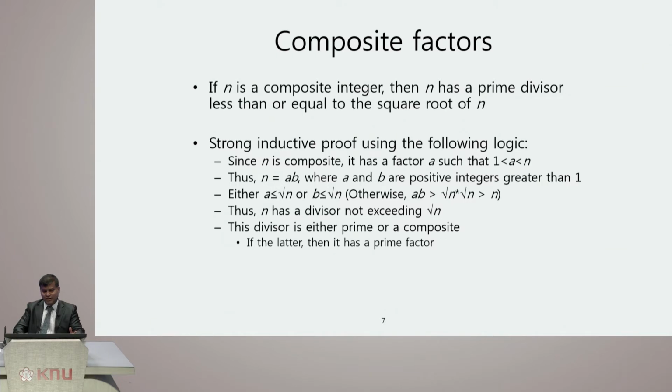As we saw earlier, for example, 100 is divided by a product of various prime factors, prime numbers. In either case, n has a prime factor less than root n.